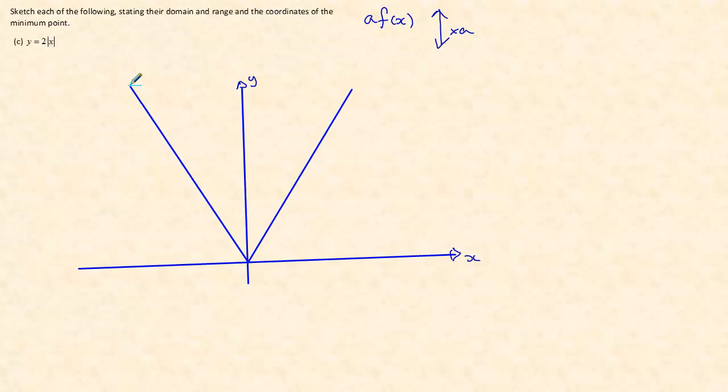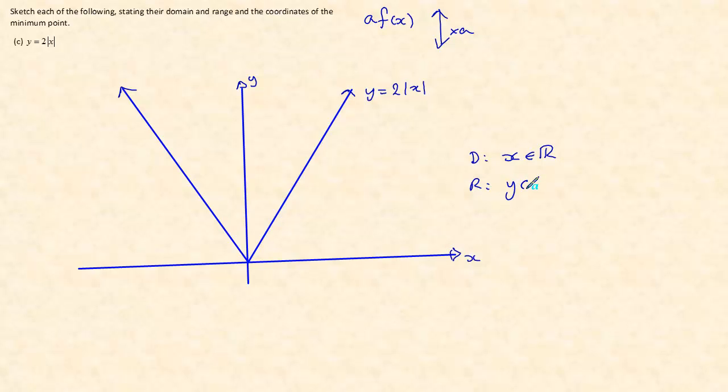The gradient is 2 along this section and negative 2 along this section. So this is 2 mod x, and as far as the domain is concerned, there's no problem with input. Every value can go in. The range is going to be all reals that are greater than or equal to 0, and the minimum point is at the origin.